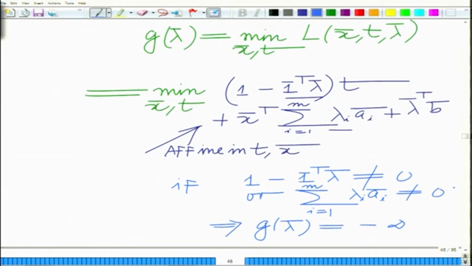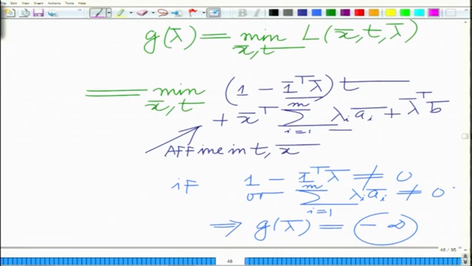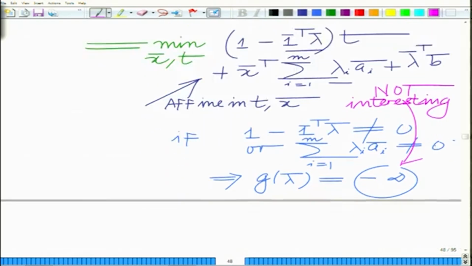Minus infinity is still a lower bound for the original optimization problem, but it is not interesting, for the simple reason that minus infinity is a lower bound for any minimization problem.